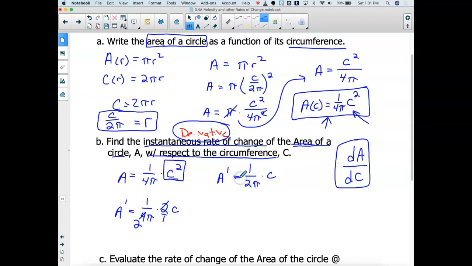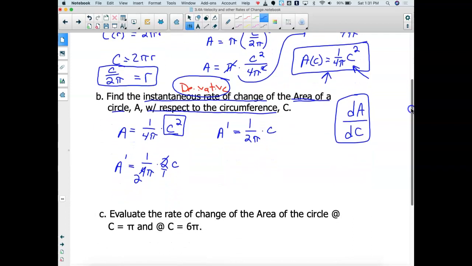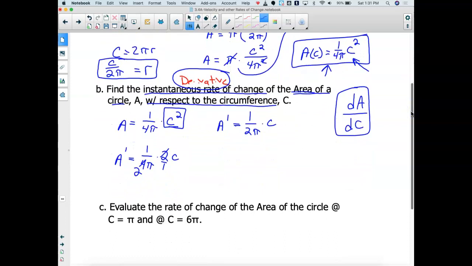What does that give me? Well, that's actually the change in area with respect to circumference, and this could be listed as A prime of C is 1 over 2 pi times circumference.